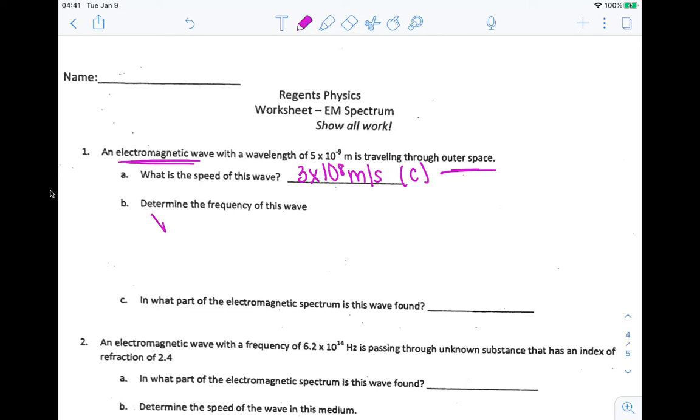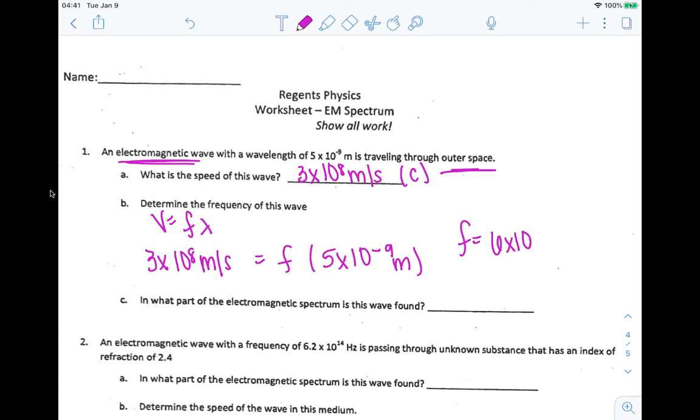Well, in order to determine the frequency, I'm going to use my v equals frequency times wavelength formula. v is 3 times 10 to the 8 meters per second, frequency is what we are solving for, and wavelength is 5 times 10 to the negative 9 meters. Solving for frequency, we end up with 6 times 10 to the 16 hertz.